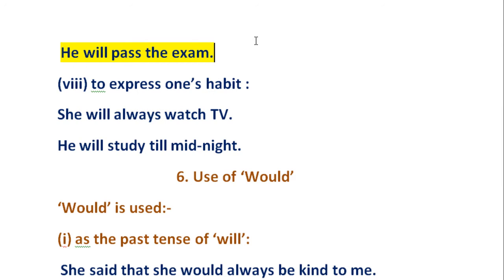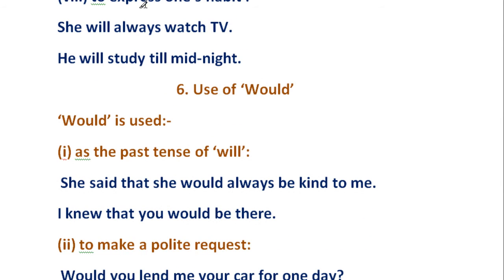Can expresses even less possibility than could, and will expresses least possibility. Actually, will expresses certainty. He will pass the exam. This sentence expresses certainty.